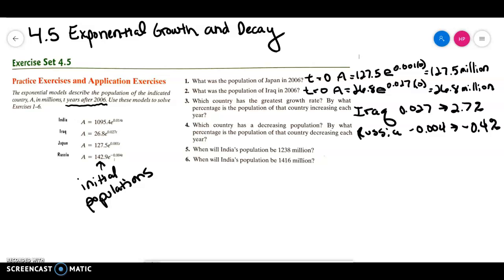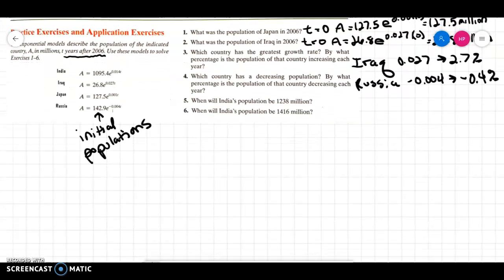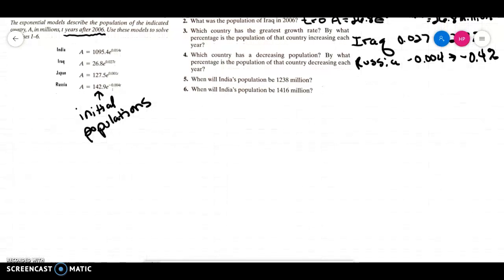So when will India's population be 1,238 million? A is the country's population. So this time, I'll do my work for 5 right here. We need to take 1,238 million and set it equal to my 1,095.4 e to the 0.014 t. And this is where our solving skills come into play.